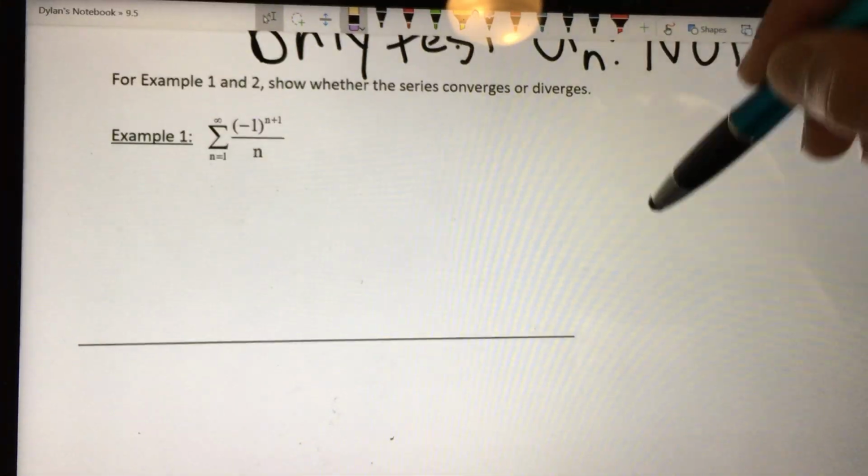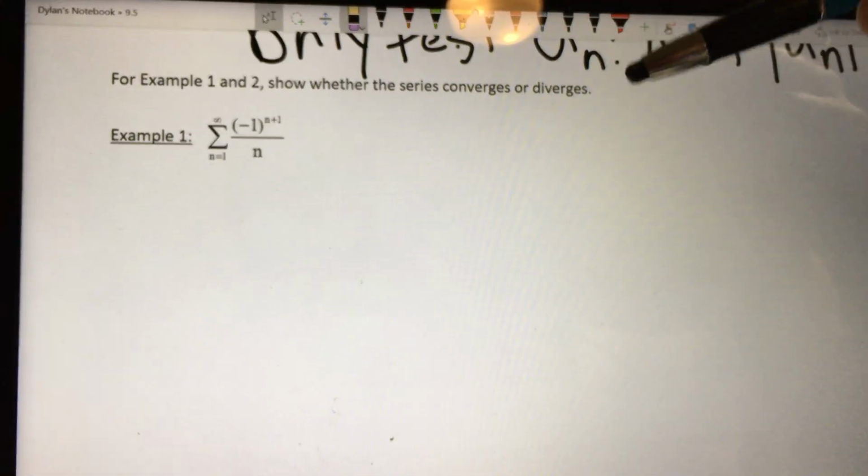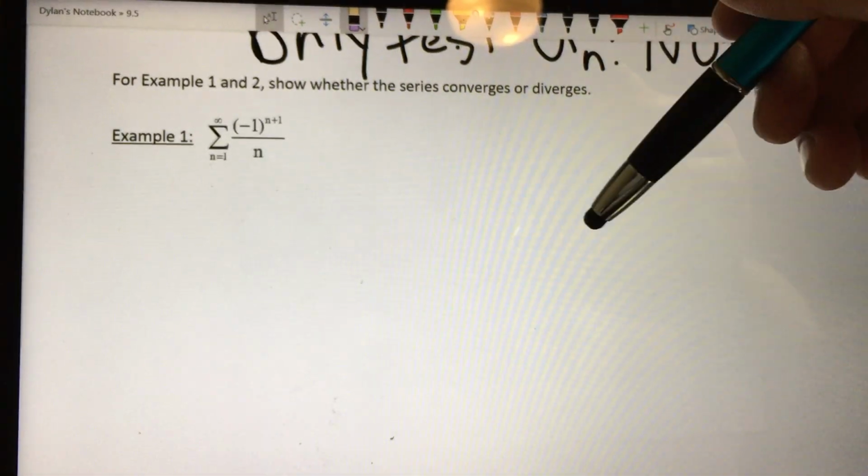In this example, we have to show whether it converges or diverges with this test.